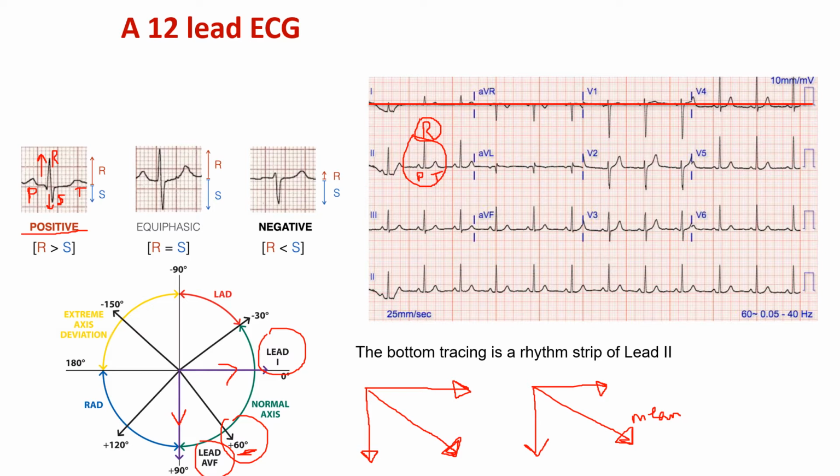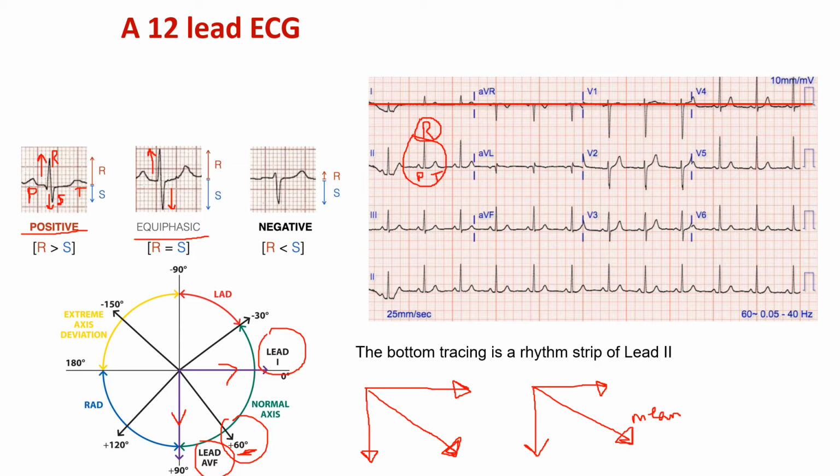And I'll show you an example. If the R wave and the S wave are equal, and you can't really tell, the amplitudes are about the same, then we say that this is equiphasic, meaning you're not going to have a positive or a negative deflection.